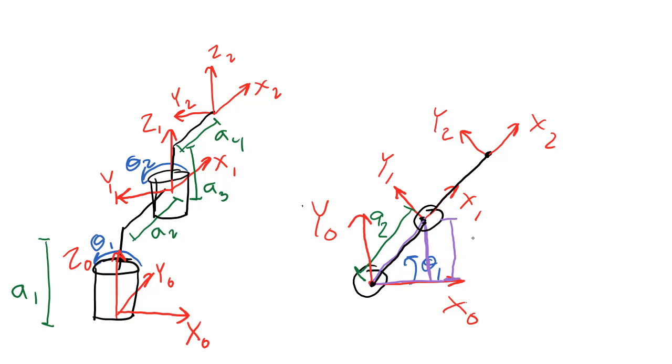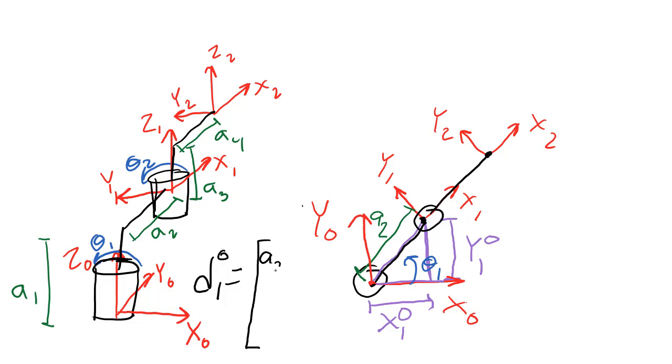This distance is the y displacement of frame 1 in frame 0. And this distance here is the x displacement of frame 1 in frame 0. So the displacement from frame 0 to frame 1, remember, has a component in x, in y, and in z. Can we write an expression for x01?